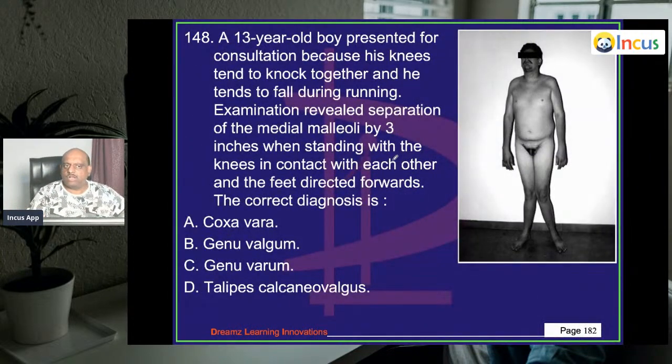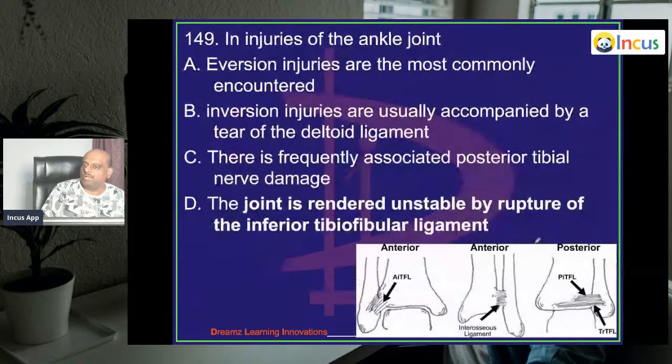An 18-year-old presented because of knock knee, separation of the medial malleoli by 3 inches when standing. The knees are in contact. What is your diagnosis? This is called genu valgum.